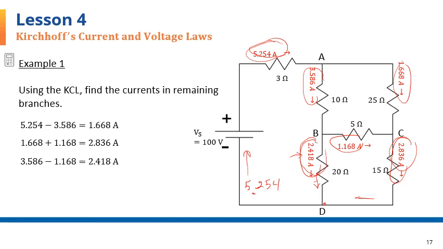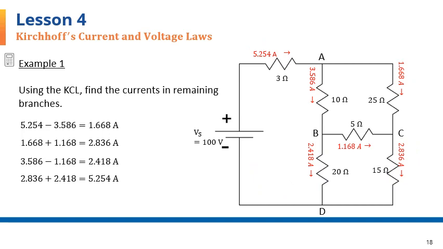So the sum of these two has to be equal to this current. And I'll show that on the next slide. You can see 2.836, which is this one, plus 2.418, which is this one, adds up to 5.254. So it checks out.